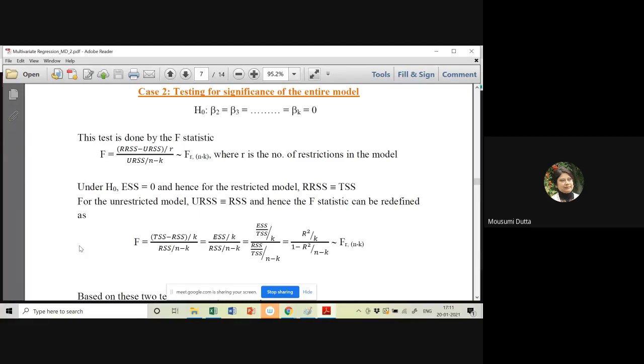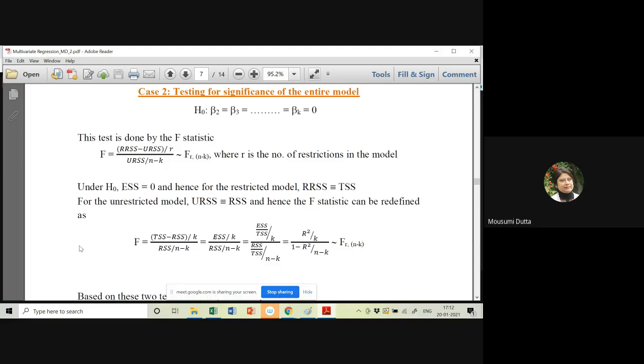In that case, we considered a single restriction, so it was F(1, n minus k). However, in general, here we are considering k minus 1 restrictions, so r will be k minus 1. It depends on how many restrictions you are putting. And this number of restrictions is nothing but the difference of degrees of freedom of RRSS and URSS.